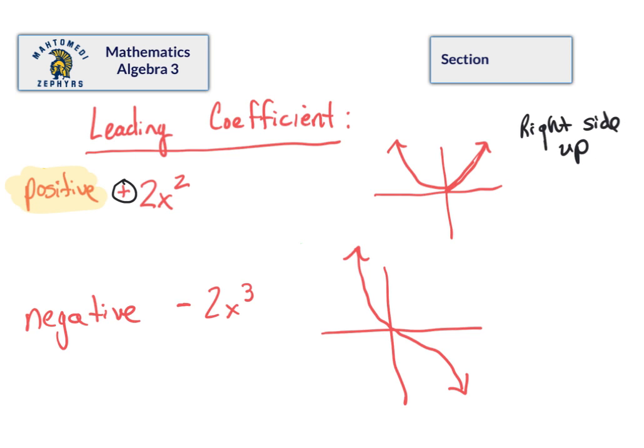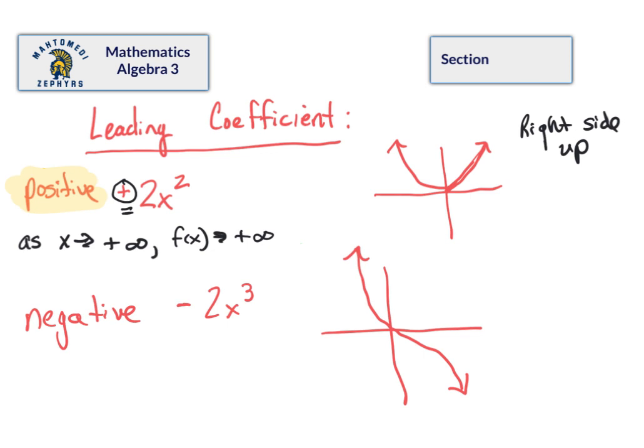And because it's even, both sides behave the same, and the left side will finish up. But the positive 2, the leading coefficient, tells me that the right side finishes up. Mathematically, it says, as x approaches positive infinity to the right, the function also goes to positive infinity, which means the y values are going up.